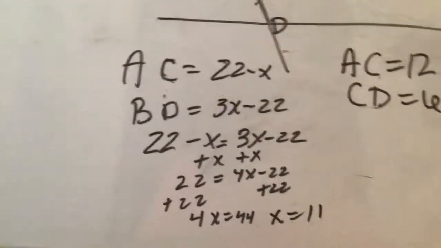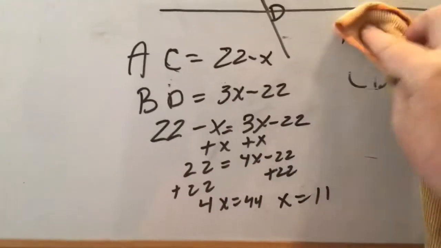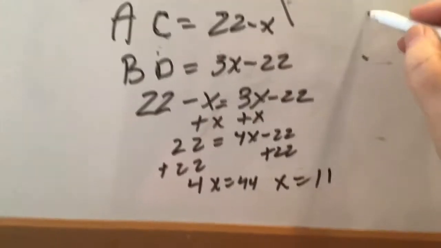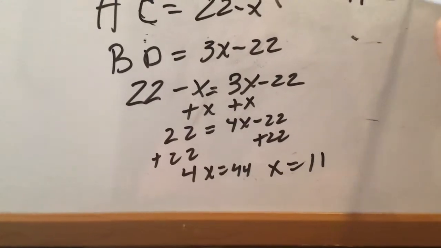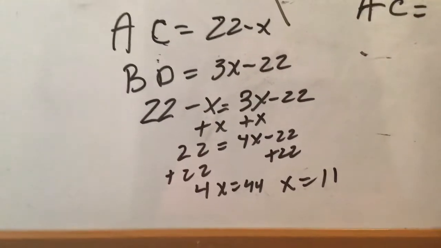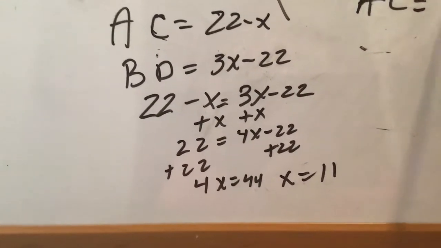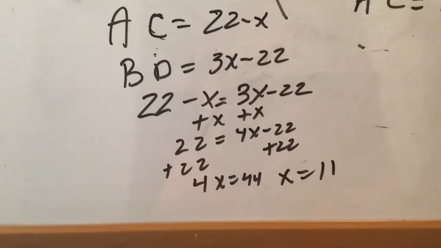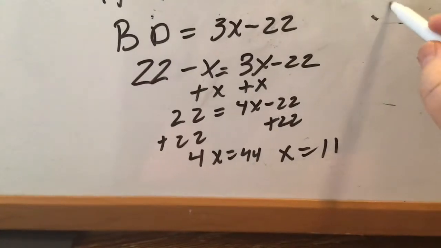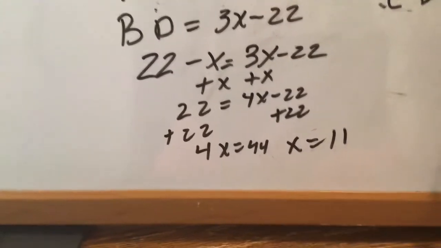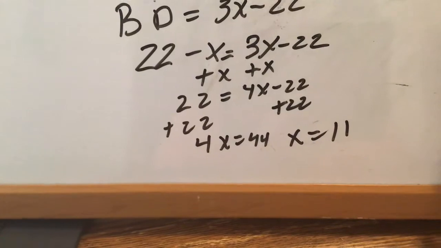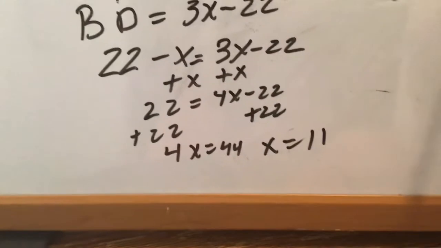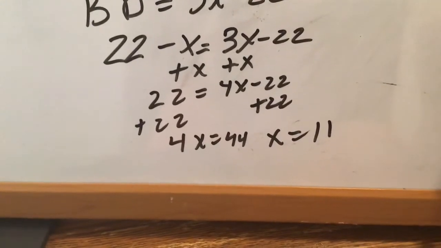So now you might have a problem that says, let's say that AC equals 2x plus 10, and then we'll say CD equals 3x.